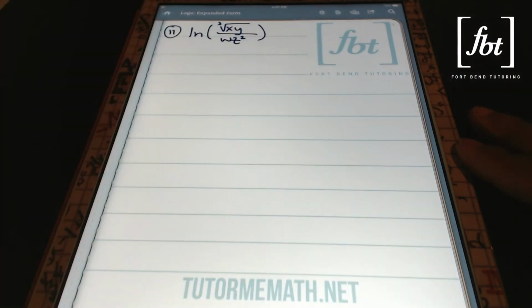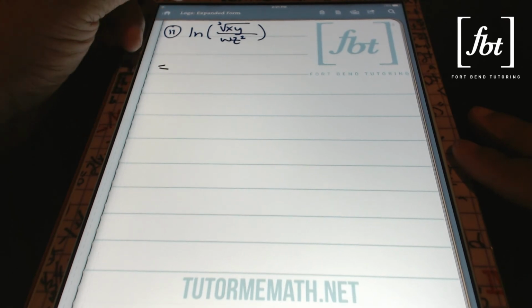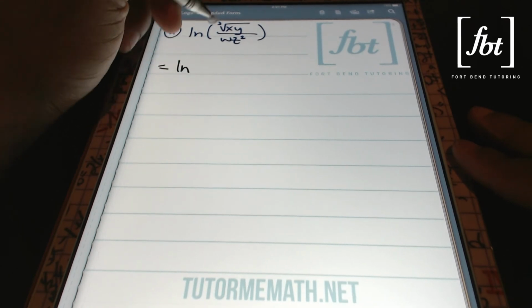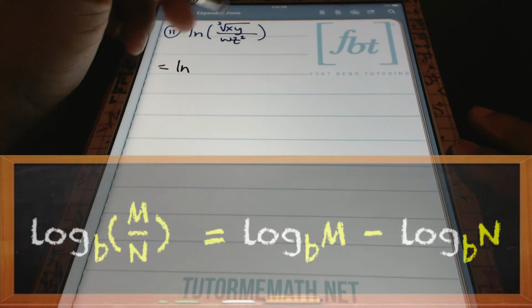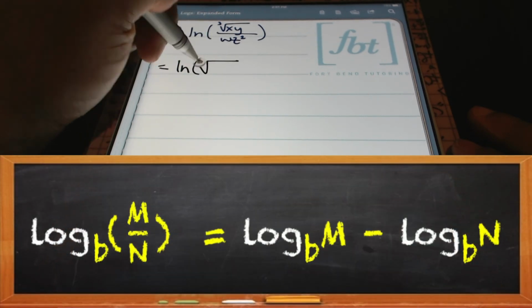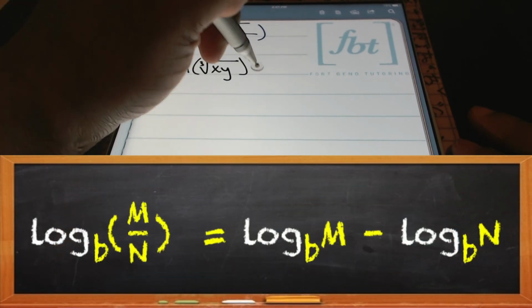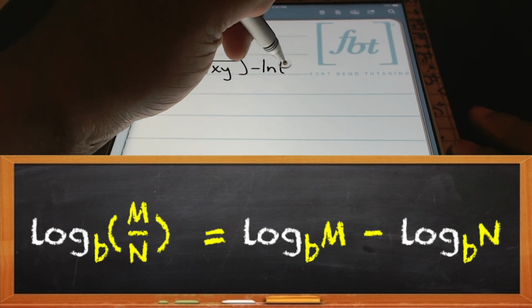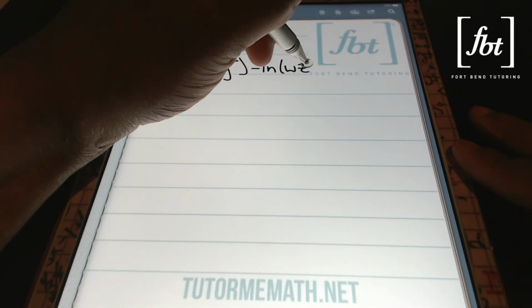Let's continue moving. For problem number 11, we have the natural log of the cube root of xy divided by wz squared. So let's go ahead and set this up. Using the quotient rule, we'll have the natural log of the cube root of xy minus the natural log of wz squared.